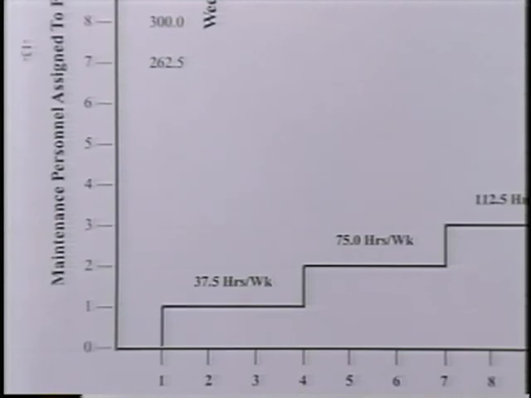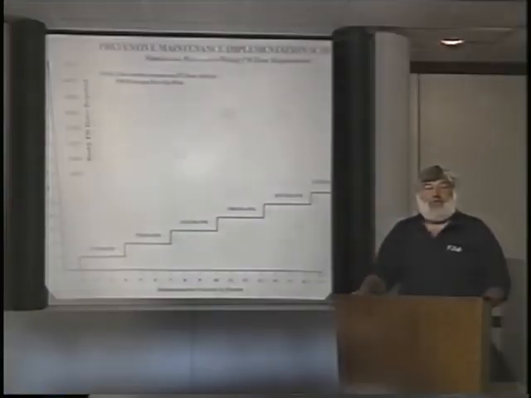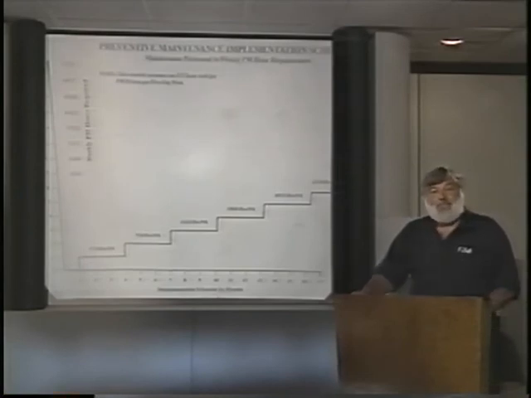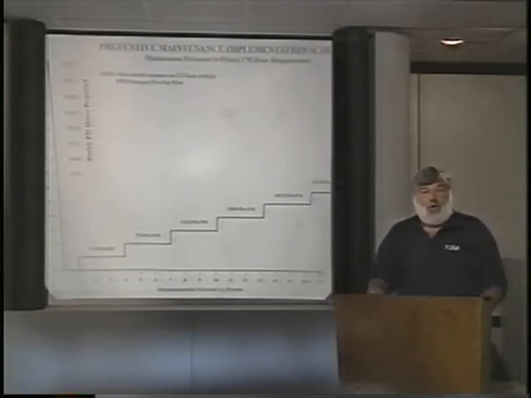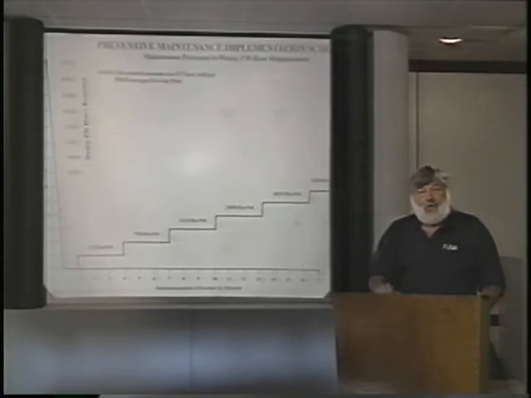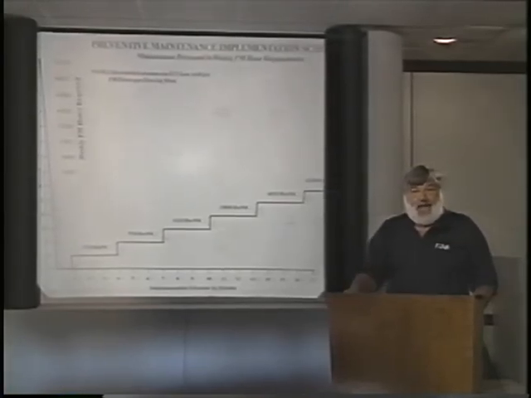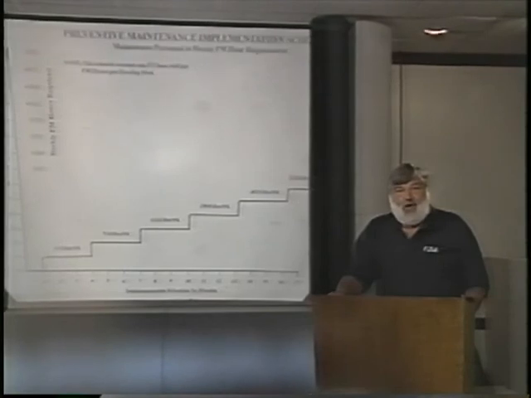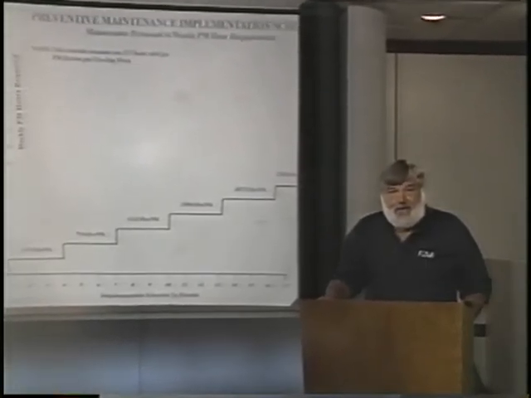And here again, we're showing that those two people will be on PM during periods month 4 to month 7. And you could see the steps as it progresses to the right, and as we add more and more personnel to the PM program.